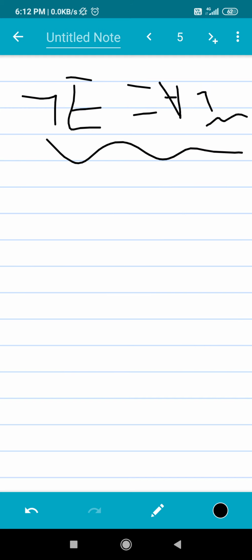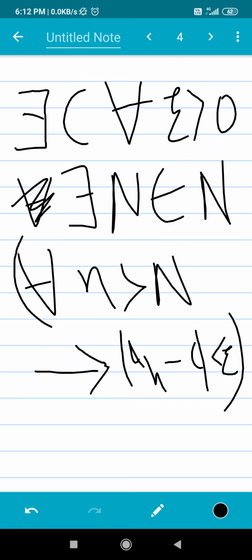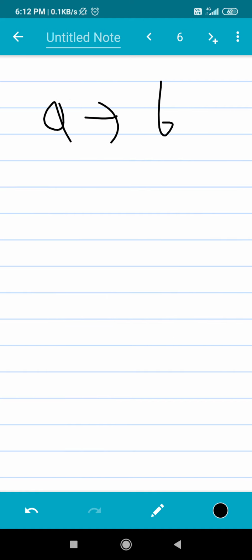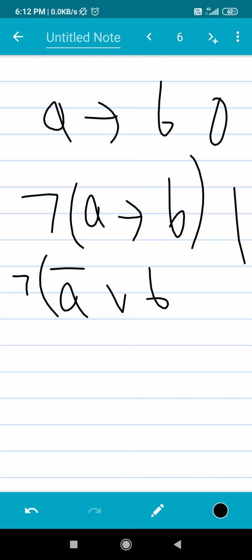So for all c, there exists epsilon positive, for all N belonging to this set, then there exists small n, and then we take the negation of A implies B. Now we know that the original limit definition is false, so its negation has to be true, and this is basically A not union B not is true.